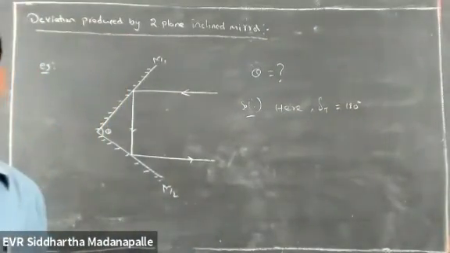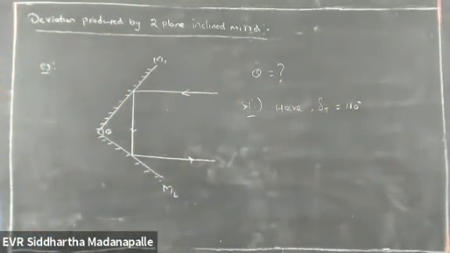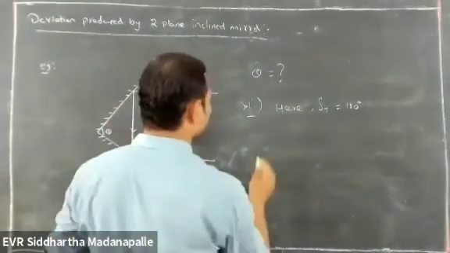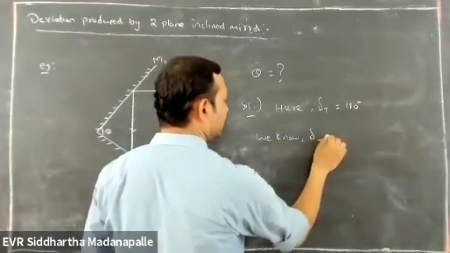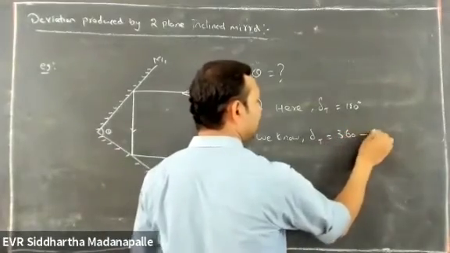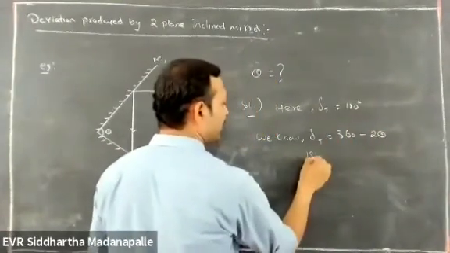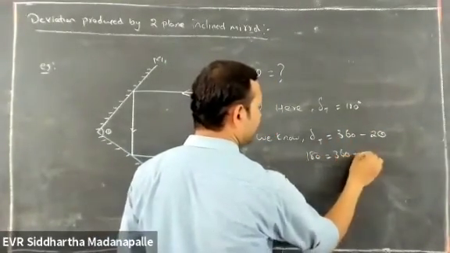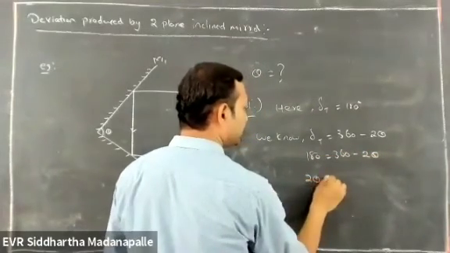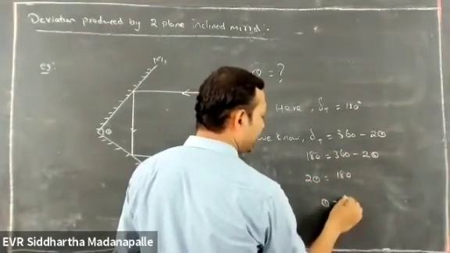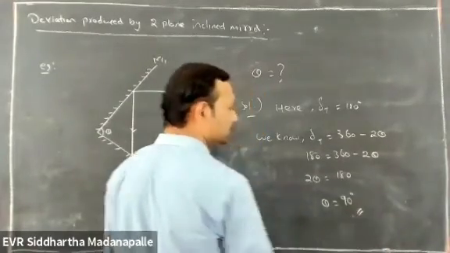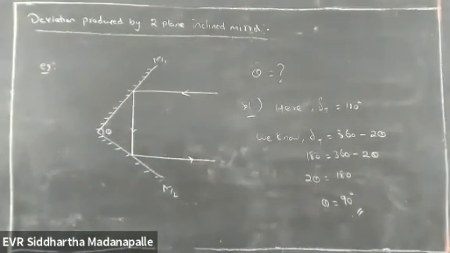And we know the formula: total deviation is 360 minus 2 theta. So here 180 is equal to 360 minus 2 theta. So 2 theta is equal to 360 minus 180, which is 180. Therefore theta is equal to 90 degrees.